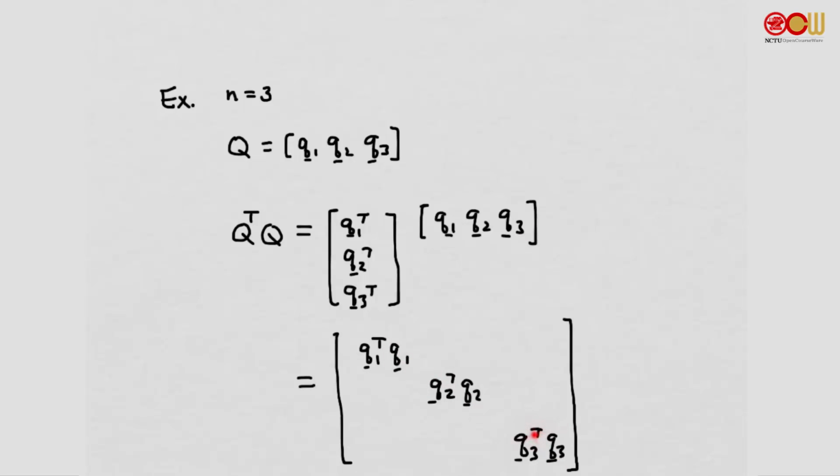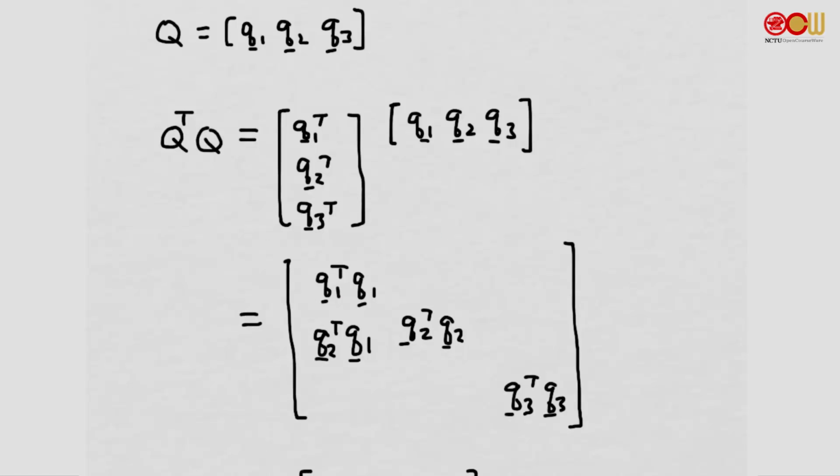These are the norm squares of the column vectors. How about off-diagonal entries? For (2,1), we get Q2 transpose Q1, the dot product of Q2 and Q1, and the (3,1) entry is Q3 transpose Q1, the dot product of Q3 and Q1. Similarly, all the off-diagonal entries are the dot product of 2 different vectors.